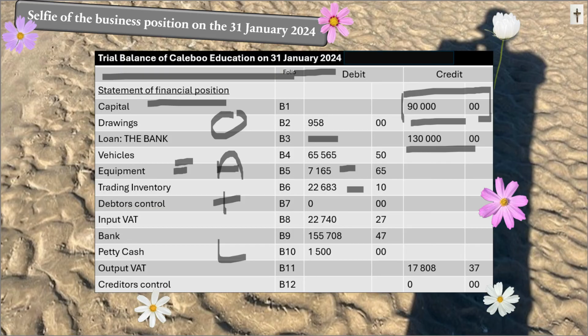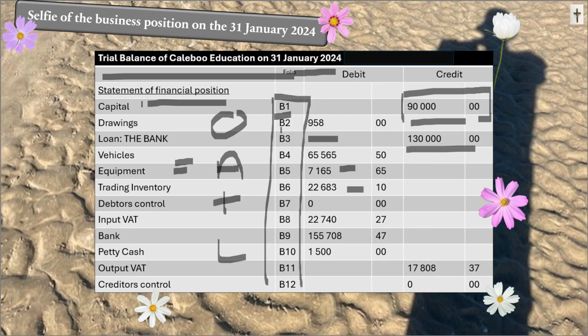So in a trial balance, you're going to have asset accounts, owner's equity accounts, and liability accounts in the statement of financial position section. These accounts are all given folio references. This year it says B1, B2, B3, B4, etc. That stands for balance sheet accounts, but remember, it is now known as a statement of financial position.